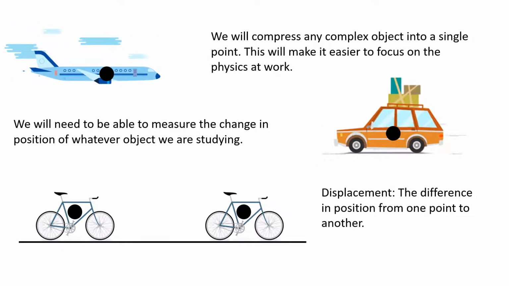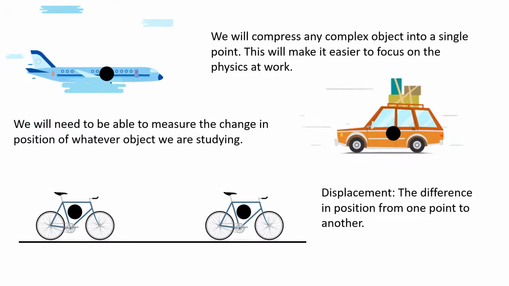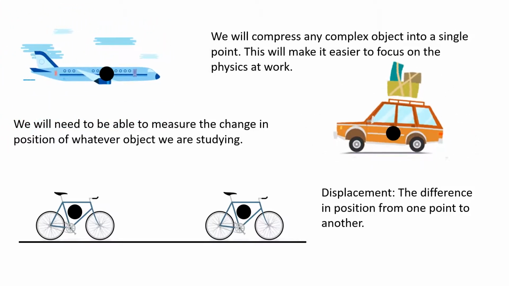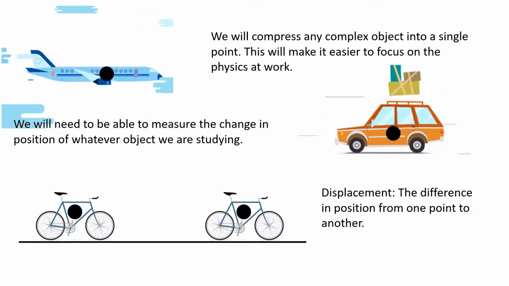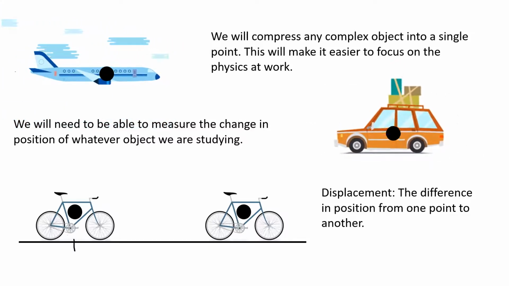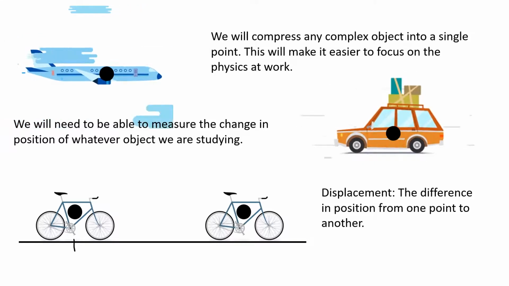That sort of leads into why we were learning distance versus displacement in the previous chapter. How has this bike moved? Well, it went from this position right here, which I'm going to call the initial position.